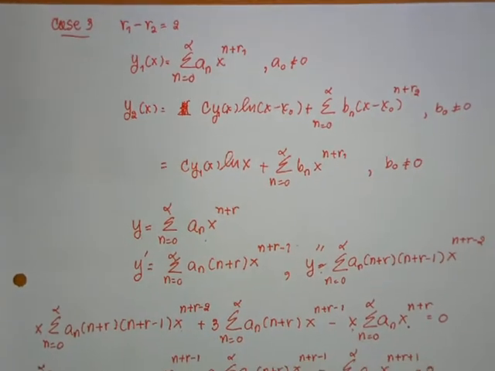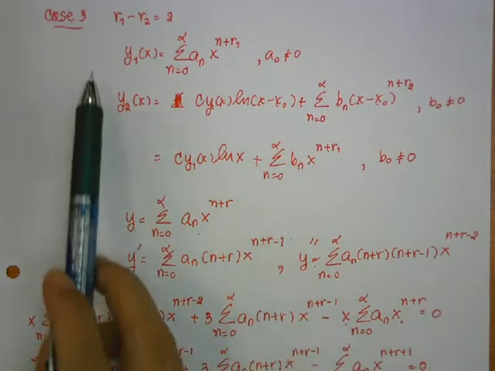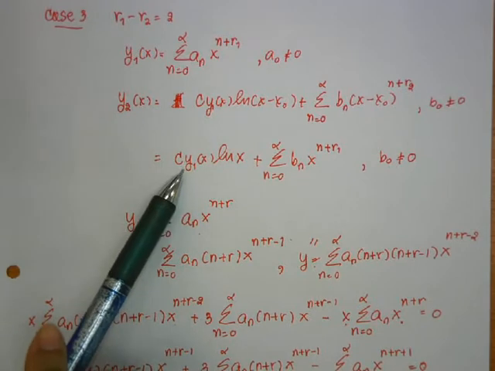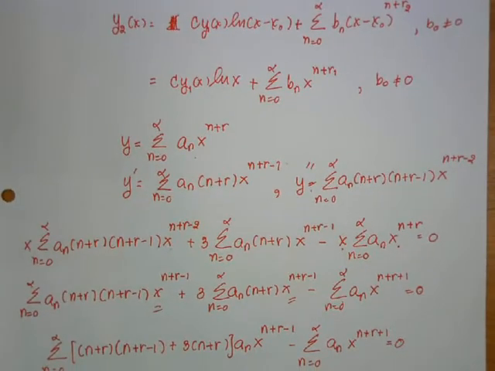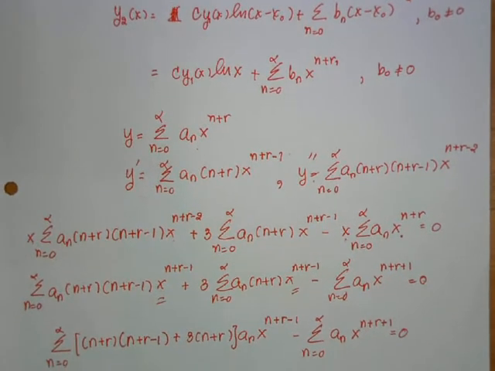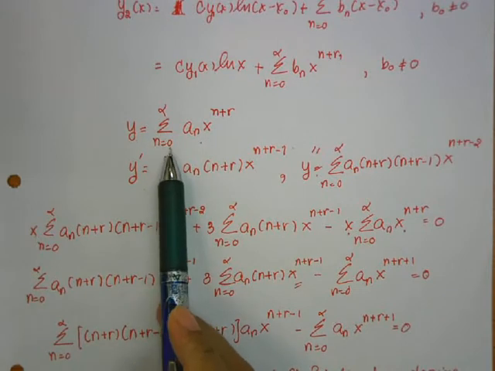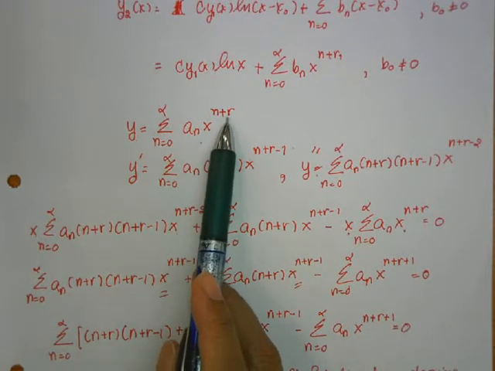But we know that our x0 is equal to 0, so now our y1 and y2 would go to this form and that form. Now, we are going to start again by assuming that y is equal to the summation of n starting from 0 to infinity of a_n times x to the power of n plus r.